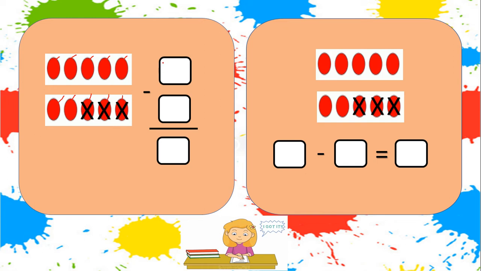So first, we will write number 10 because there are 10 balls all in all. And then you can see 3 X's here. It means that these are the objects that we take away. How many objects do we take away here? We have 1, 2, 3. So 10 minus 3.